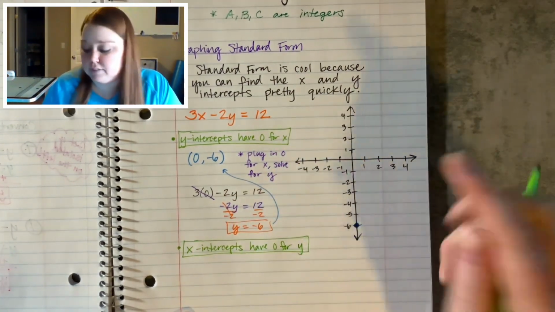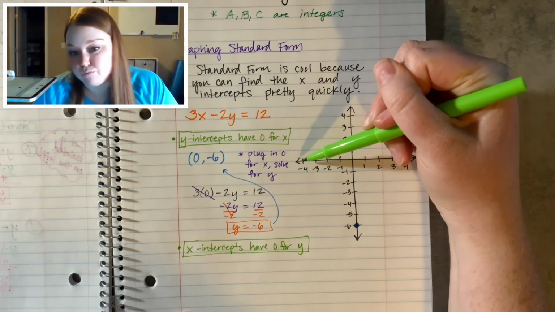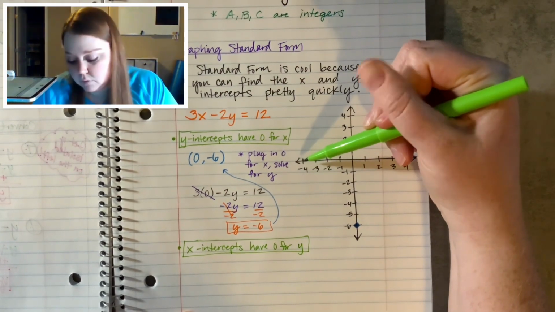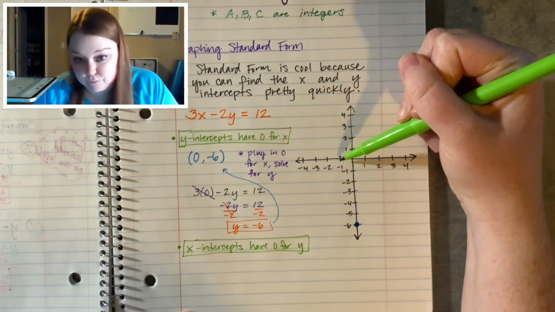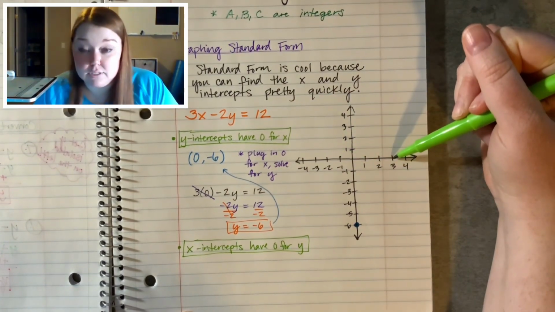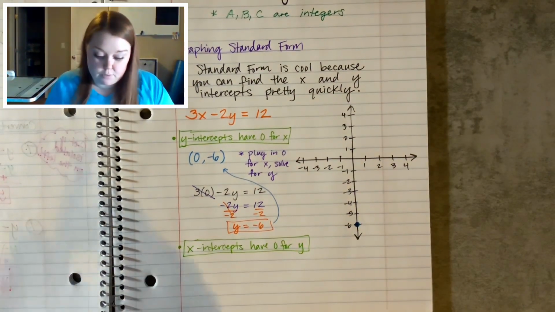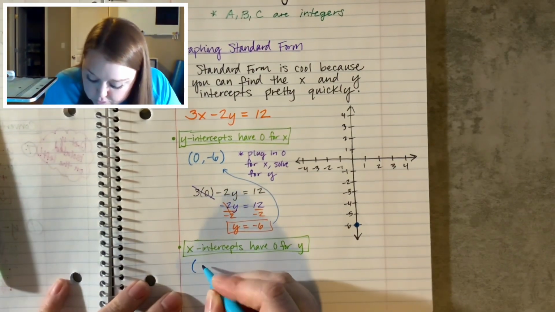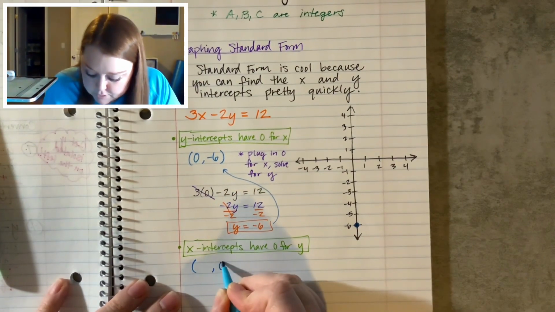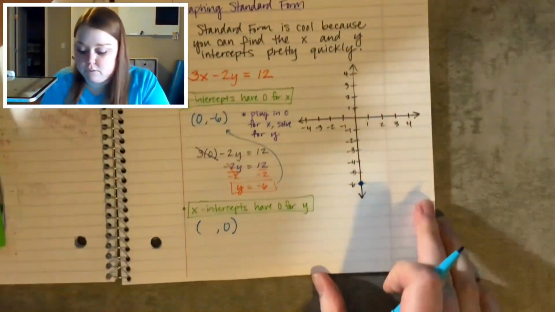X-intercepts fall on the x-axis. So right here, this is (-4, 0). This is (-1, 0). This is (3, 0). All of their y values are 0. So from my ordered pair, I know it's going to be something, comma 0, and I'm going to figure out what that x value is. That's the whole point of this.